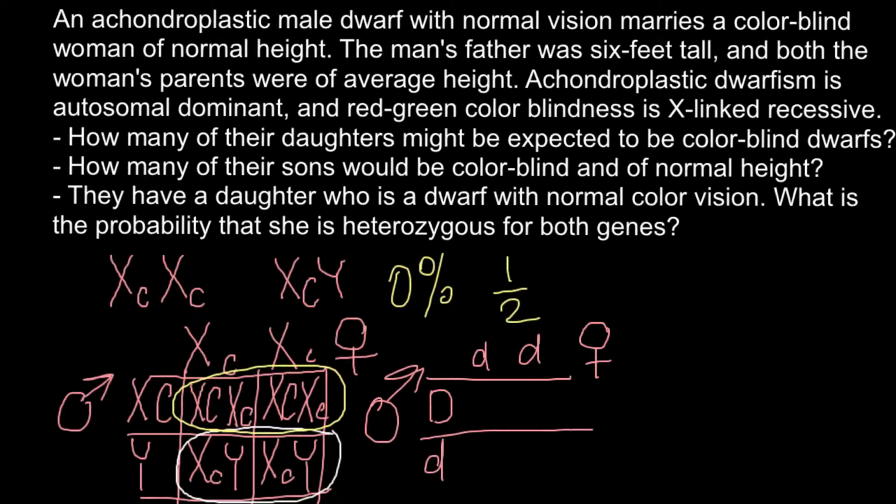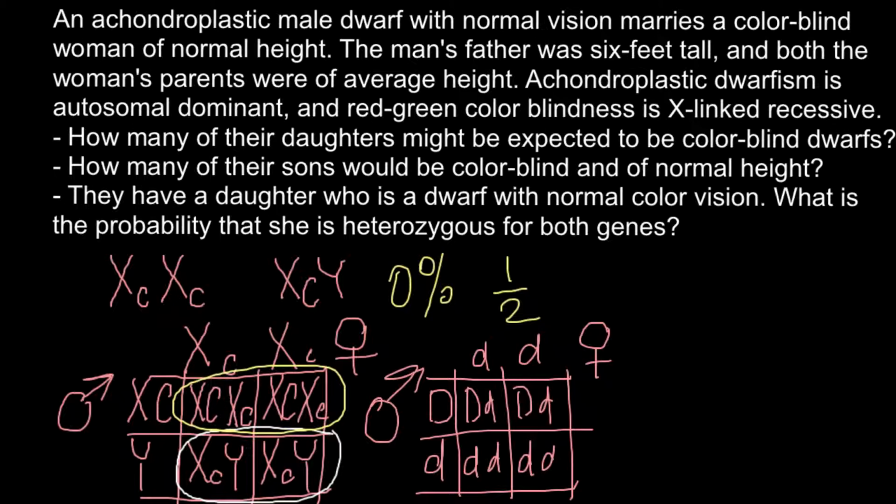As you see, 50% of such a cross would be capital D small d, and 50% small d small d. Because capital D, the dominant allele, stands for dwarfism, 50% would be dwarf in such a cross.